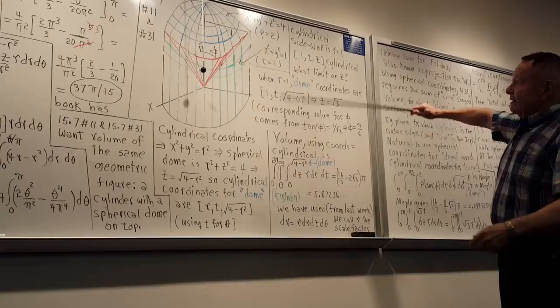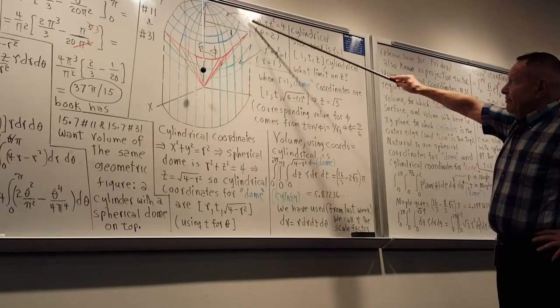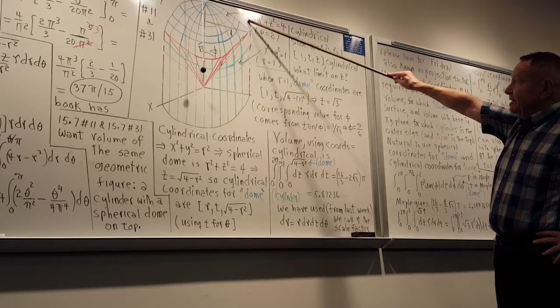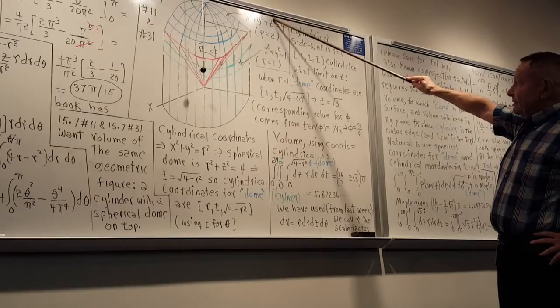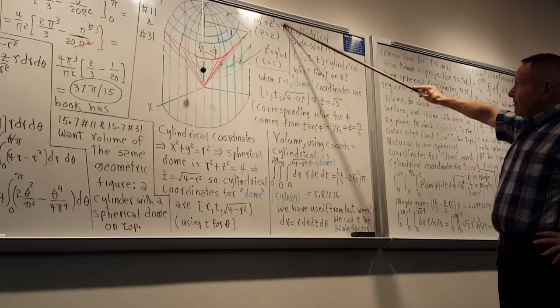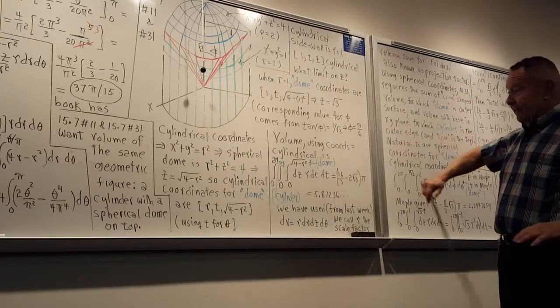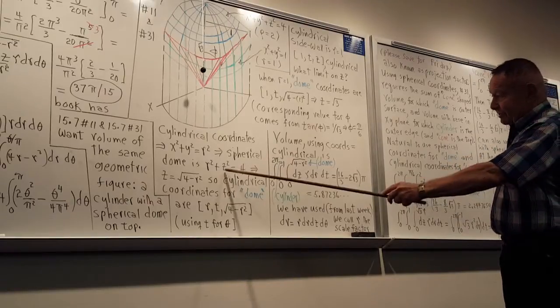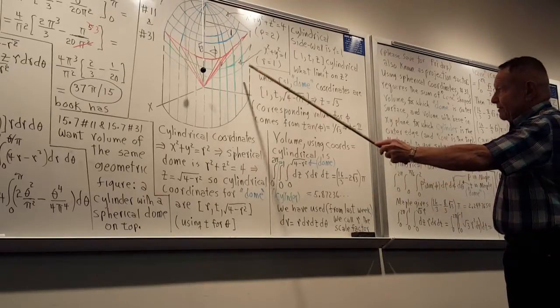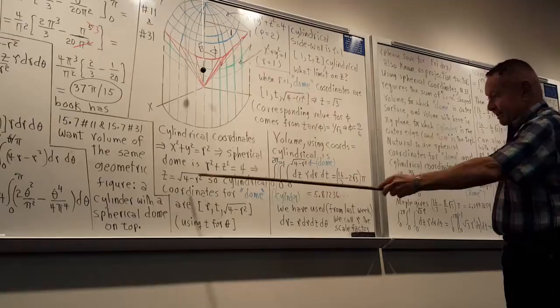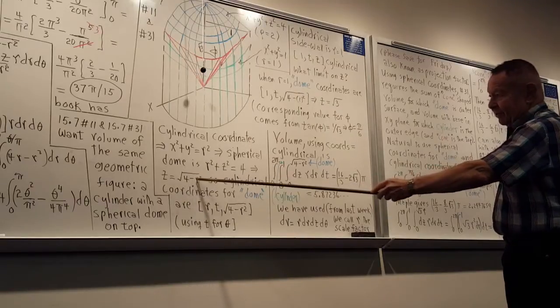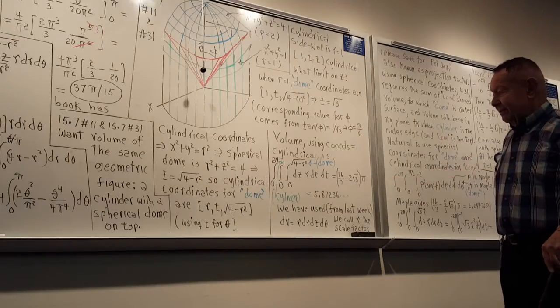So your blue up here would be the same as r squared plus z squared equals 4. And so you can solve for z, and you're talking positive z, so positive square root of 4 minus r squared.